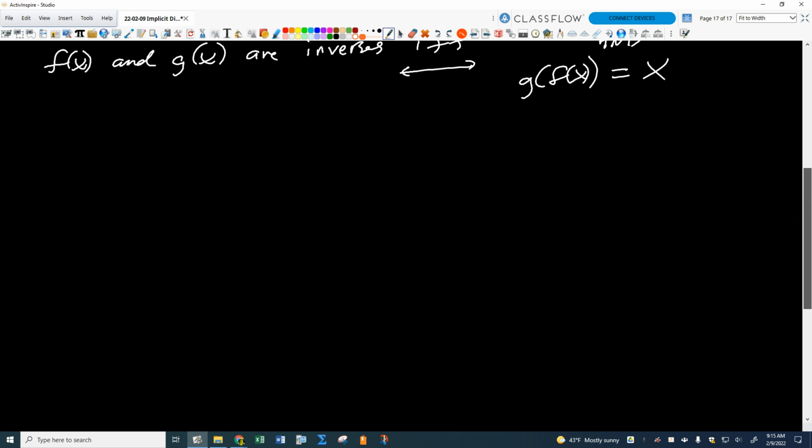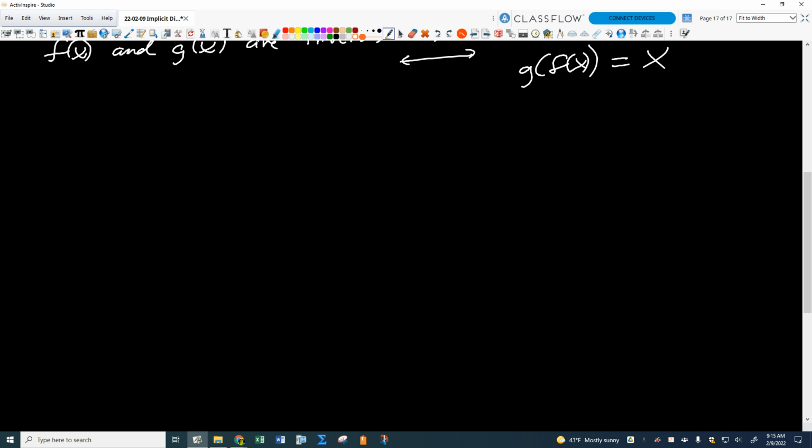Like if you go back to pre-calculus and you wanted to solve something like this, right? If I want to solve that, what do I do? How can I unlock, how do I isolate the x's there?